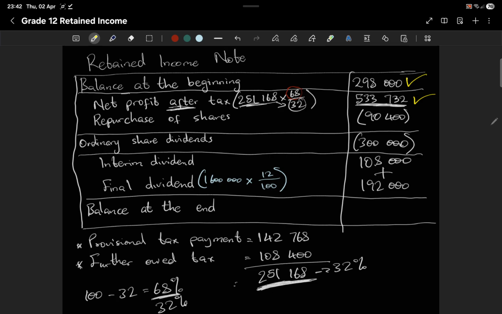Let me write it like this for a clear direction: balance at the beginning plus net profit after tax minus repurchase of shares minus 300,000. Since this 300,000 includes these two, you are not considering them because you took a total of them. Then it will give you the final answer.